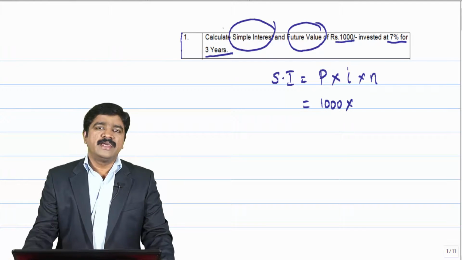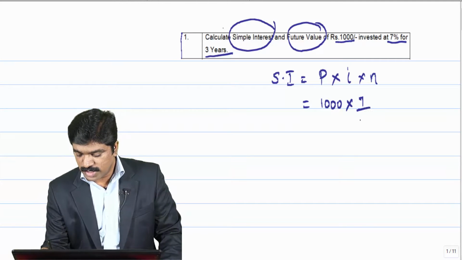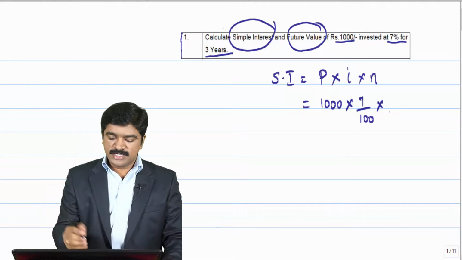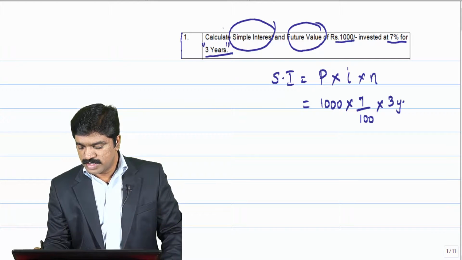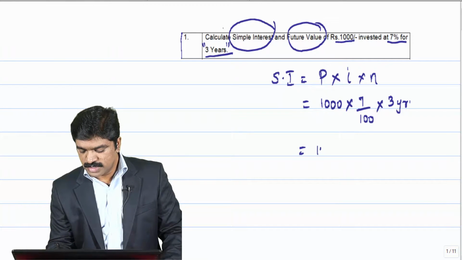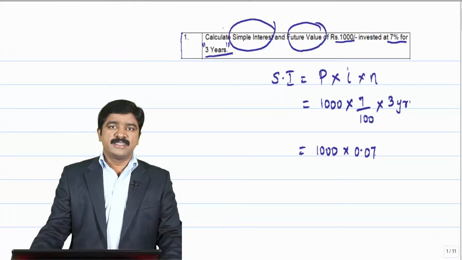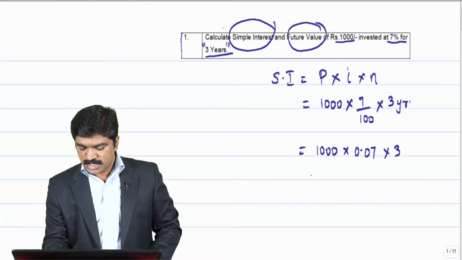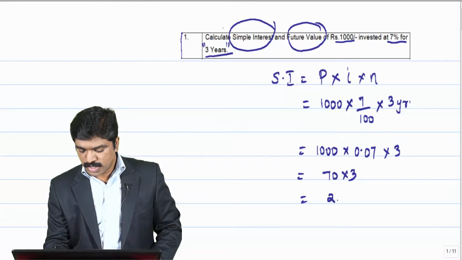into I represents the rate of interest, so that is 7 by 100 into n represents the period. For how many years they are investing? They are investing for 3 years, so into 3 years, that is 1000 into 0.07, that is 7% is written as 0.07 into 3 years, and that gives the value as, say, 70 into 3, that is 210.